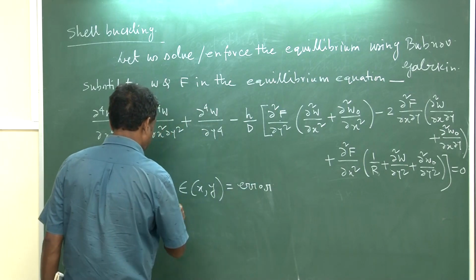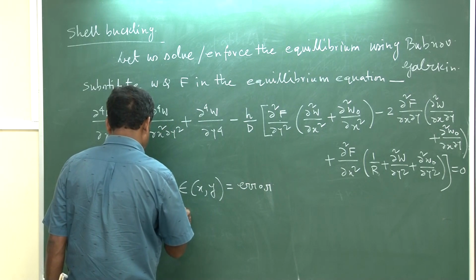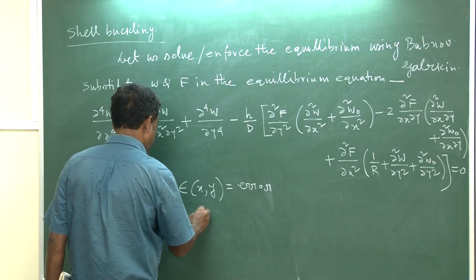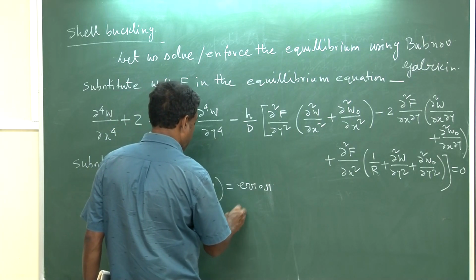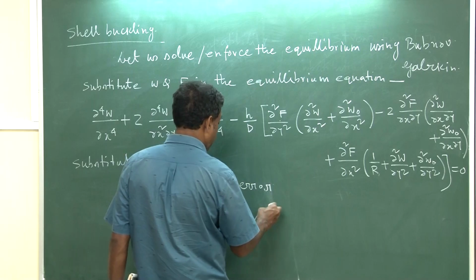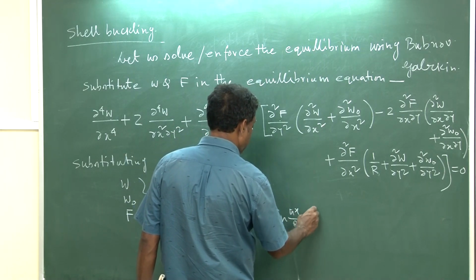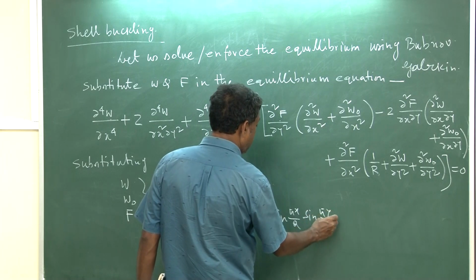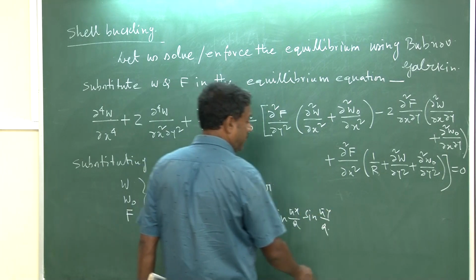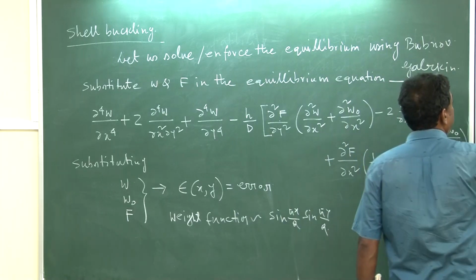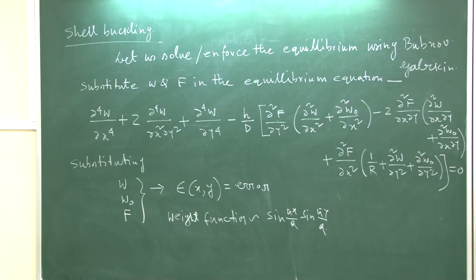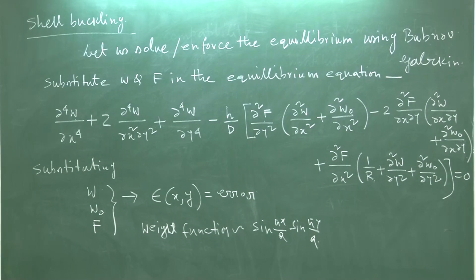And what will be the weight function? For Bubnov-Galerkin the weight function will be the same: sin pi x by a, sin pi y by a, right? That's the error function.